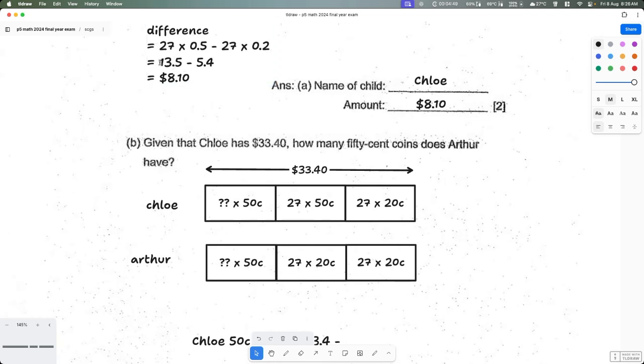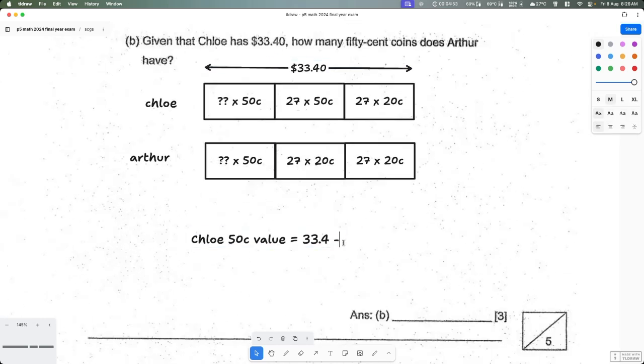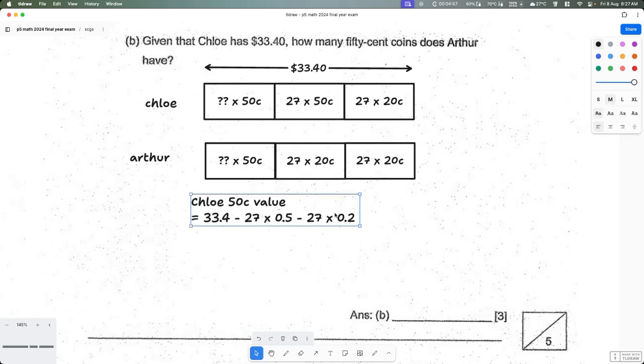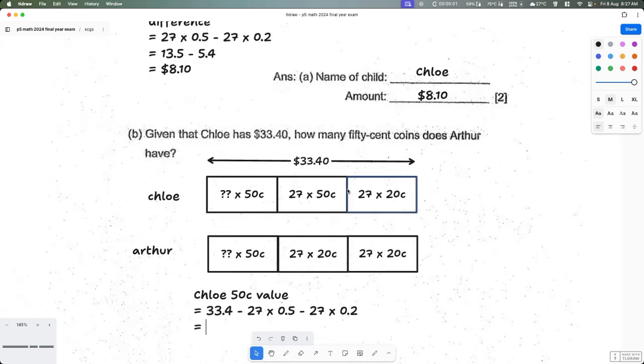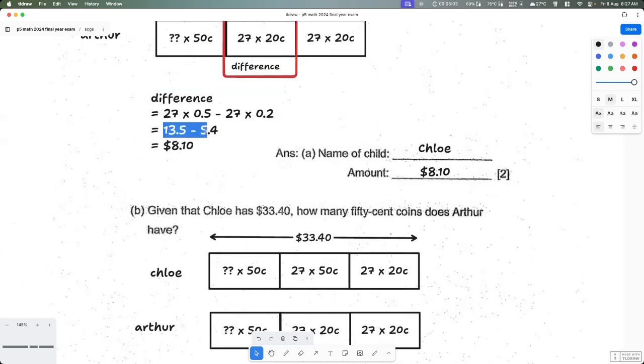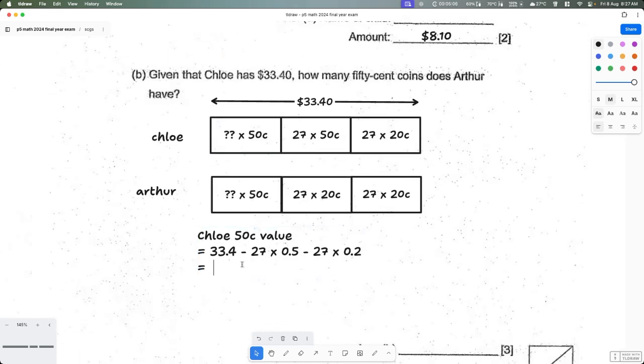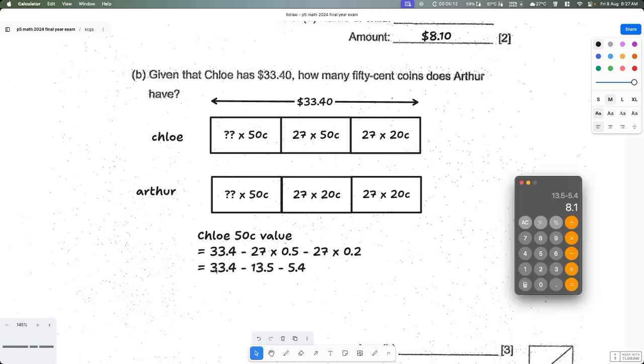I think we can get this as well. Same thing like this, right? All right, so like this, 50 cents, and this is equal to the same thing over here. Okay, so 33.4 minus these two numbers. So let's do that.